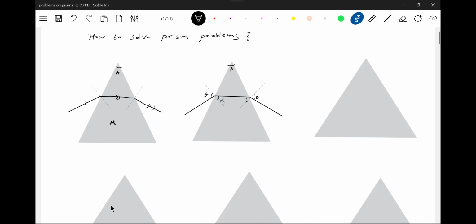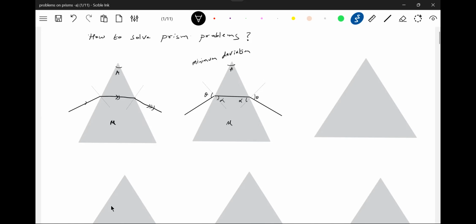This particular thing is the minimum deviation condition. Sir, how can you say this? I'm once again insisting that for the ray after refraction, we have to just apply the law here. Snell's law is the basic condition here.